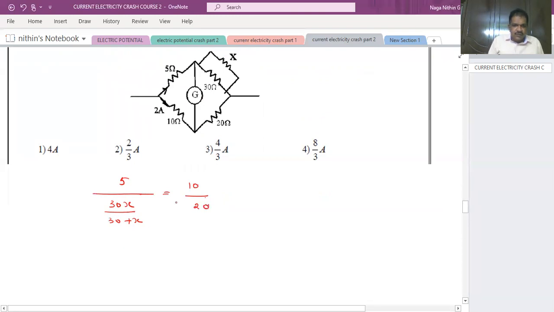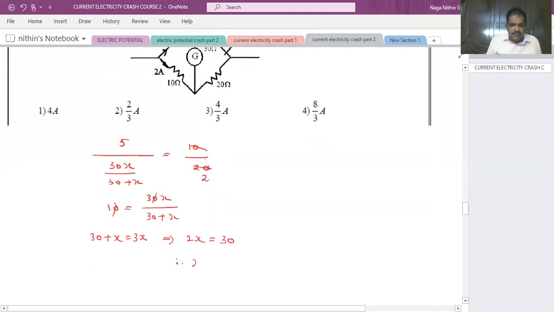So 2's will cancel. So 10 is equal to 30x by (30 plus x). So 30 plus x is equal to 3x. 2x is equal to 30. Therefore, x is equal to 15 ohms. That is the value of x.